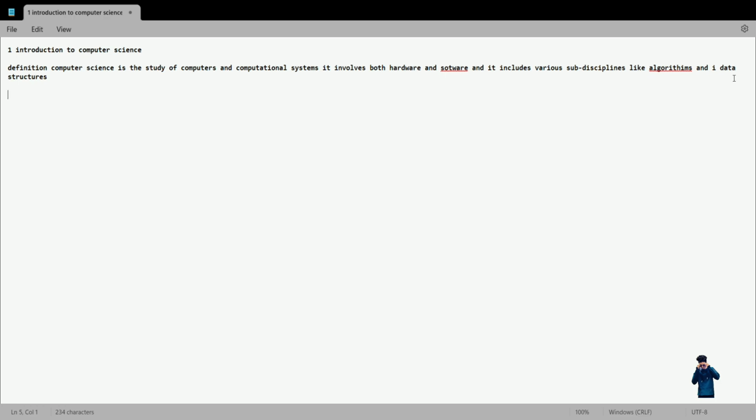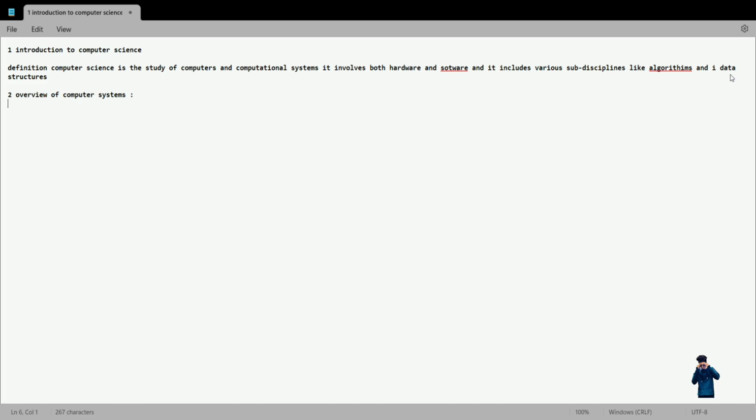So after the completion of this computer science definition, now we want to move to know about the overview of computer systems.